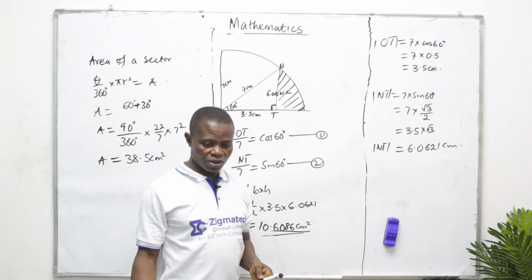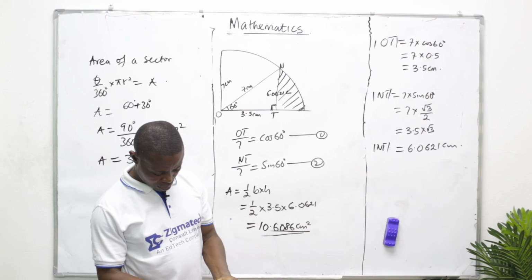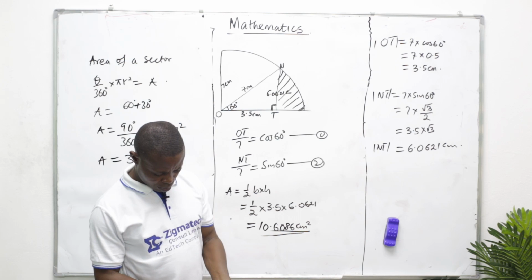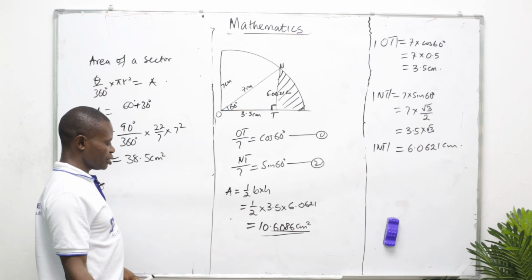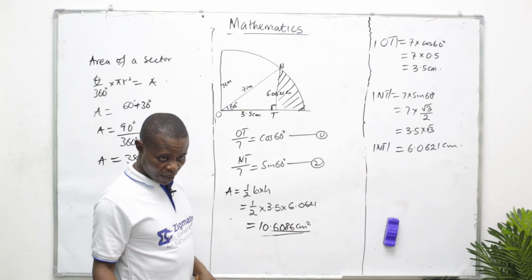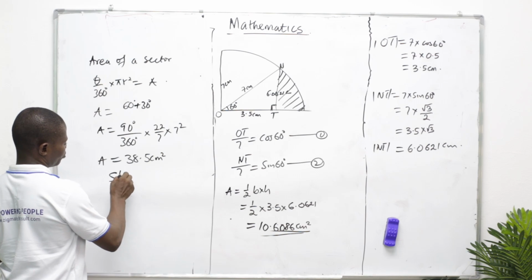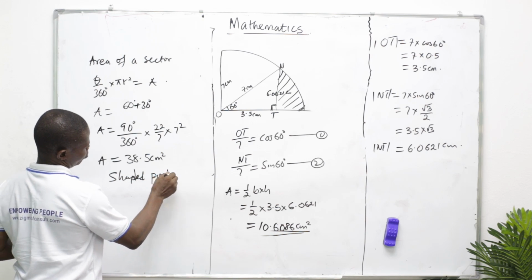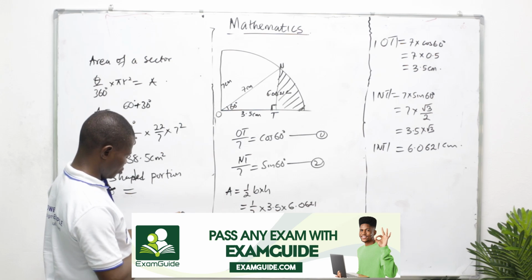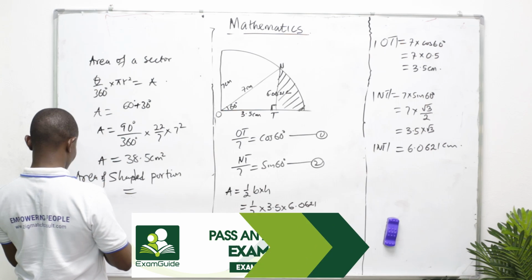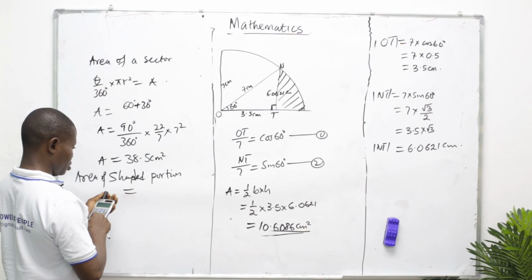So now, the shaded portion is going to be 38.5 minus 10.6086.